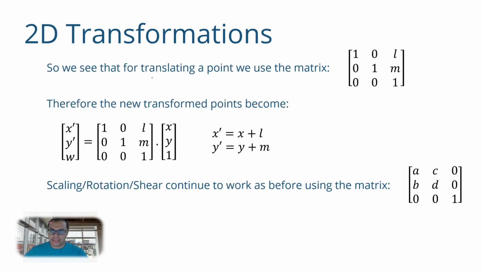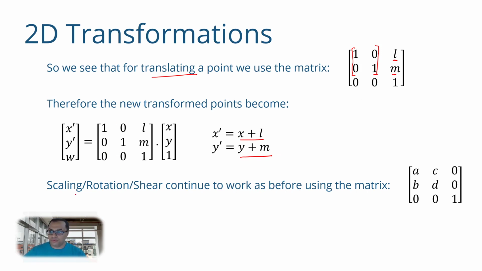So for translating a point, you can just use these parameters here. If I keep this part of the transformation as an identity transformation, then this becomes a pure translation. Only translation is applying. There is nothing else here.